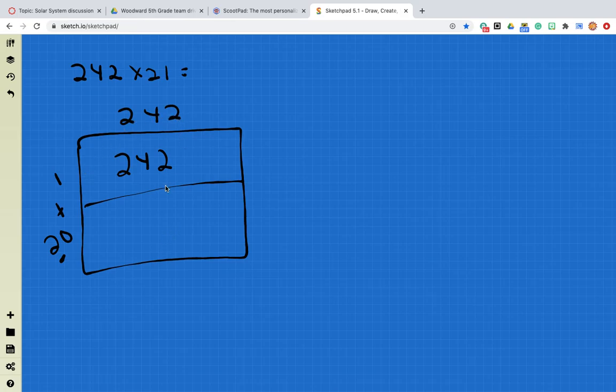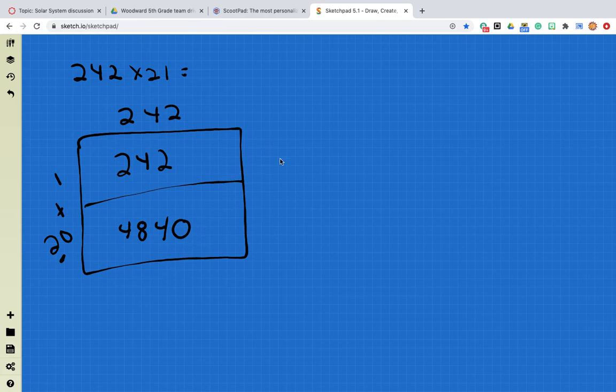So 2 times 2 is 4, 2 times 4 is 8, 2 times 2 is 4, but it was 2 tens times 242, so it's going to be 484 tens, or 4,840.